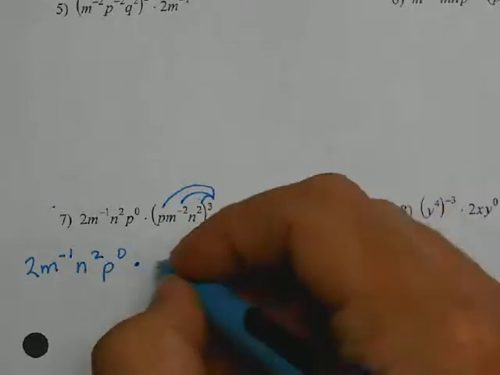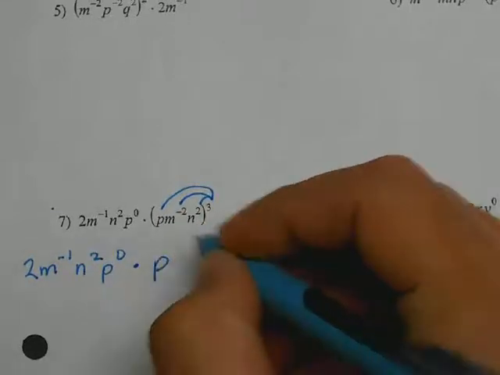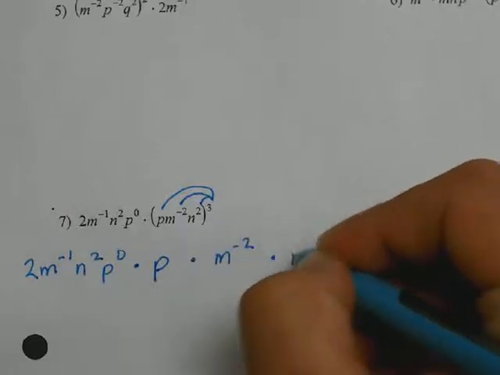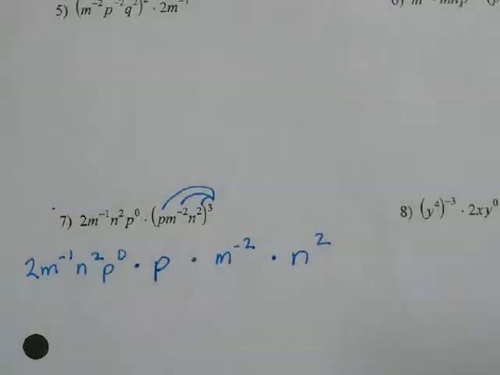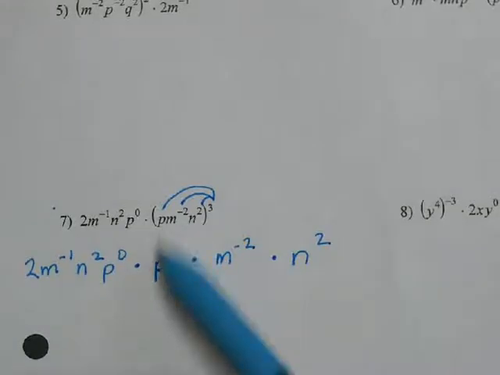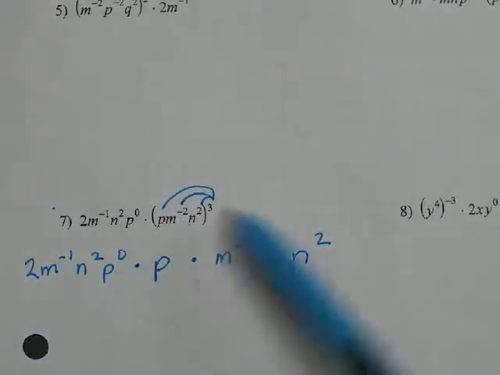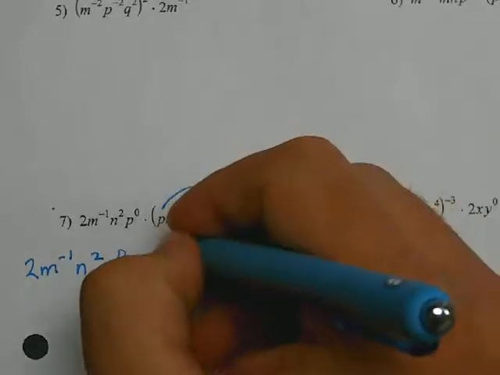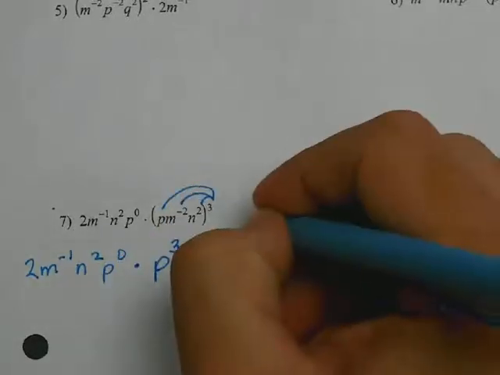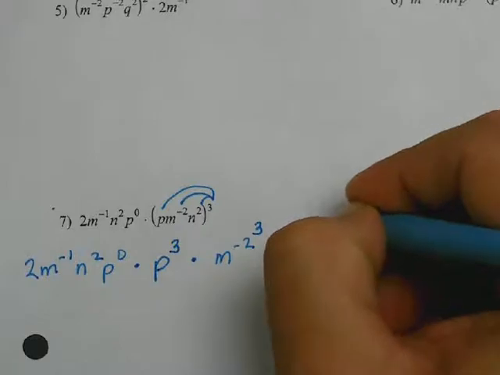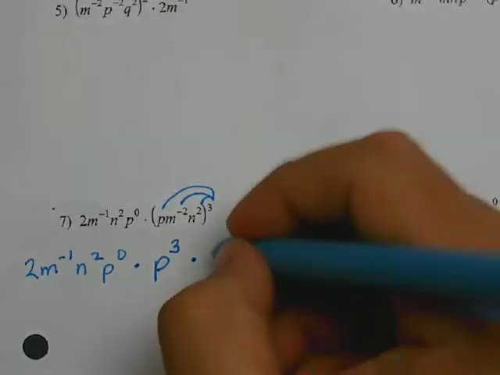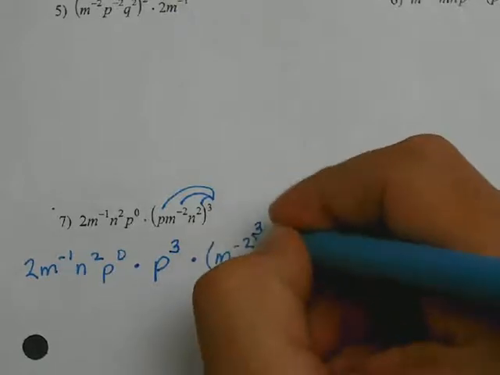So write p, then times m to the negative 2, and then times n squared. The only thing I've done is bring these down. Now I've got to attach a cube to all this, a cube there, a cube there, and a cube here. Now this looks really funky, so we make it cleaner with math by putting it in parentheses.